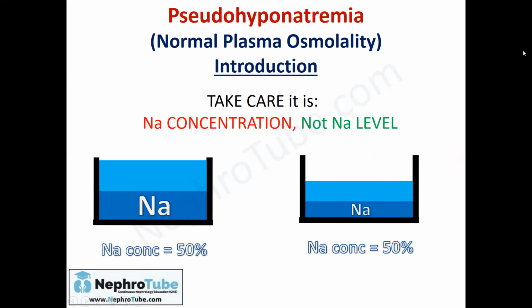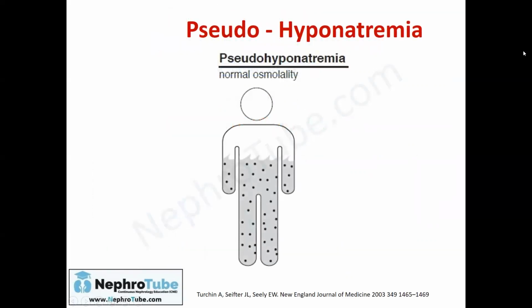What is important in our body is the concentration of sodium in the water. The normal serum sodium level is 135 to 145 milliequivalents per liter, whatever the number of liters of water in our body. Why am I talking about this introduction?